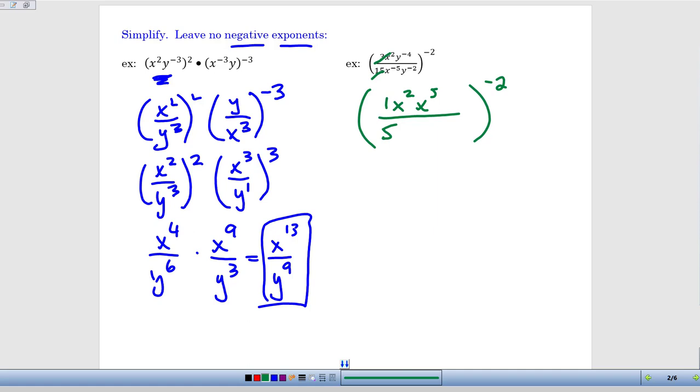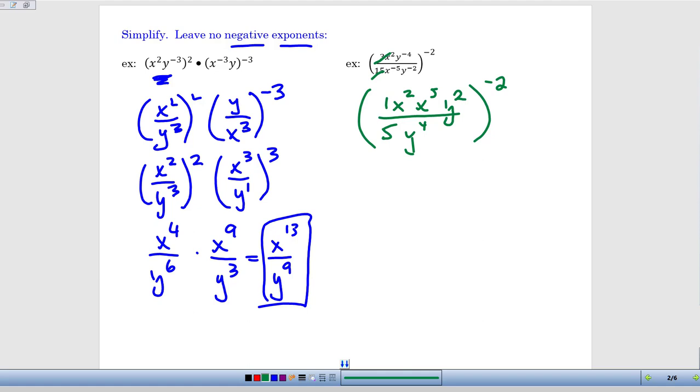That y to the negative 4th on the top, I'm going to move that down to make it y to the positive 4th. And then that y to the negative 2nd on the bottom is going to get moved up. So I've got y to the 2nd up top. So now I've rewritten it, I simplified the 3/15, and I've moved all of the variables so that all of their exponents are positive. So now I'm going to start to combine the exponents on those variables.